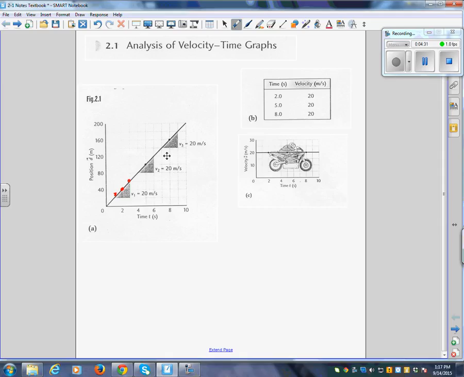And then they simply took these x values of 2 and 5 and 8 and wrote down a velocity of 20, 20, 20. Constant velocity, right? I'm going to write here constant slope. And what does that mean? Constant velocity.